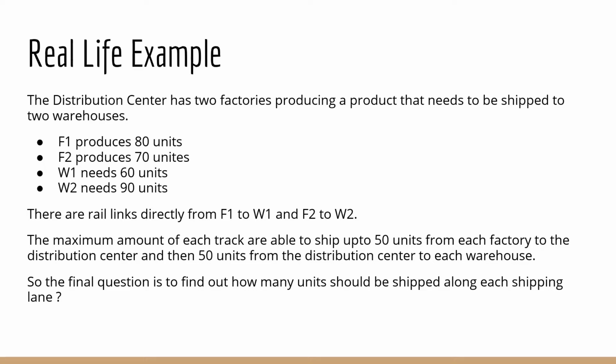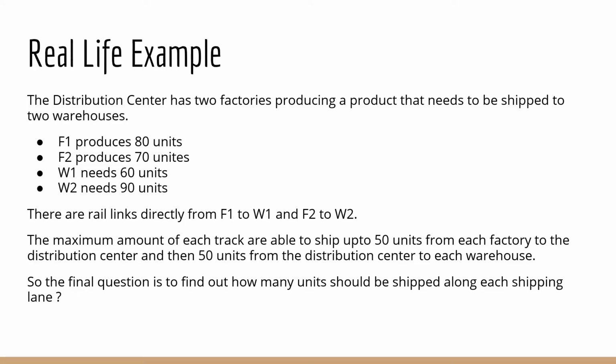However, there is also a direct way to ship from factory to warehouse, and that is by railroad. We have unlimited capacity on the rail link, but if we ship to and from the distribution center, the maximum capacity is 50 units for each leg of that journey.